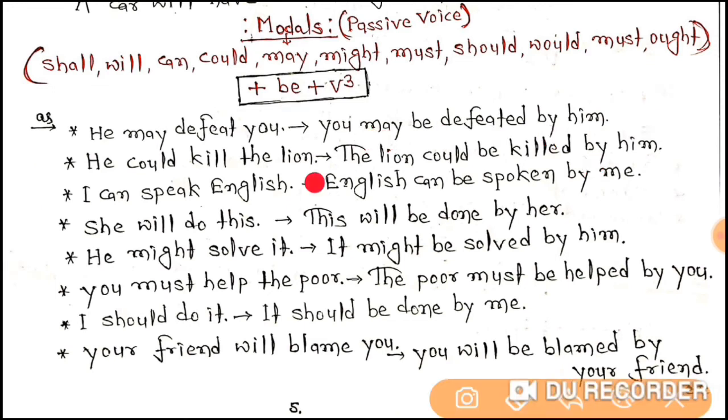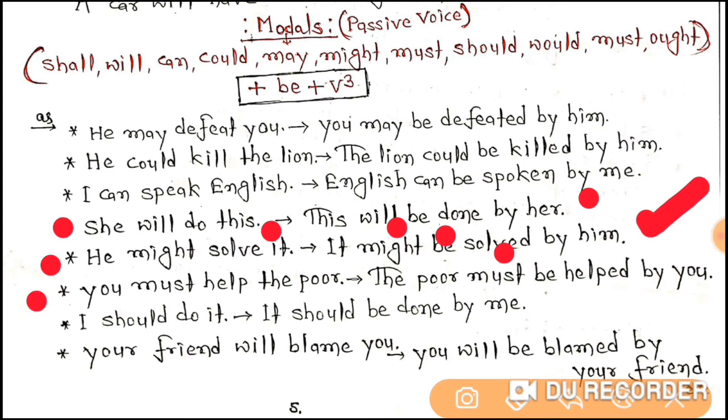So English can, and can is the modal. So be spoken by, and I has become me. English can be spoken by me. Well, she will do this. So here this will be done by her. Next, he might solve it. So it might be solved by him.